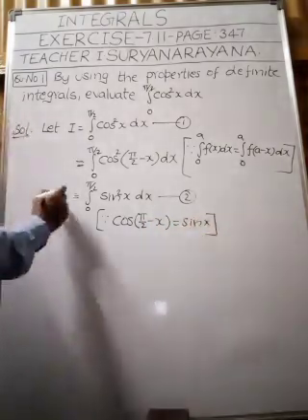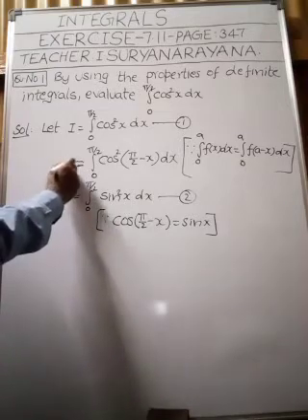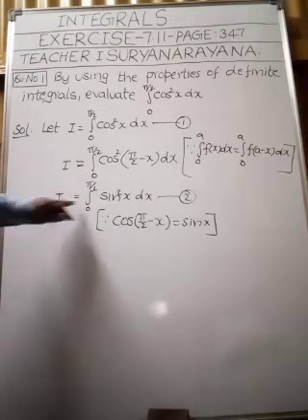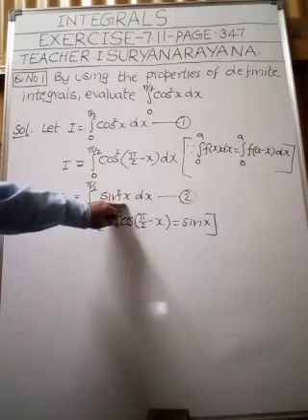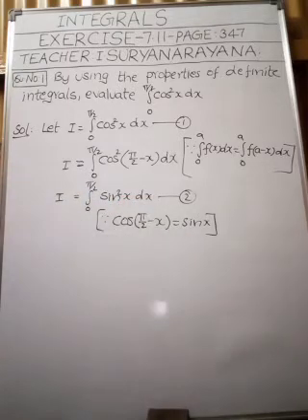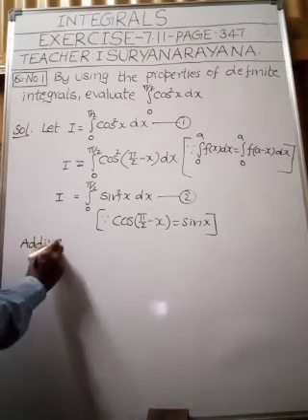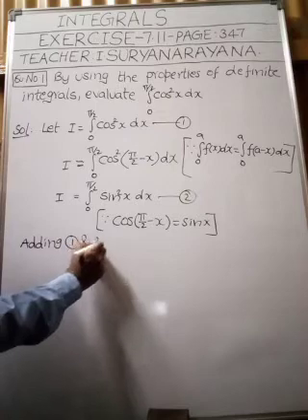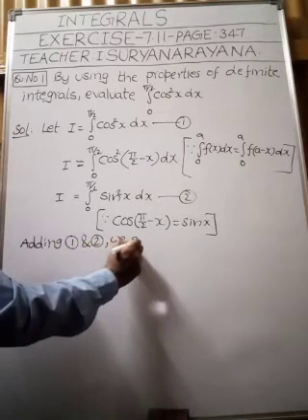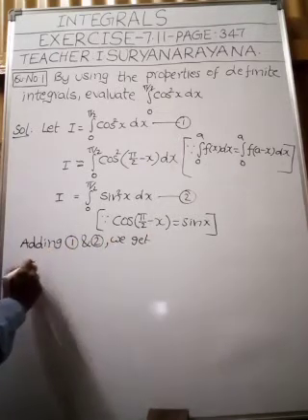Okay, my children, this is also I. We got this result. We assumed this result is equation 2. Now let us add equation 1 and equation 2. Adding 1 and 2, we get 2I.